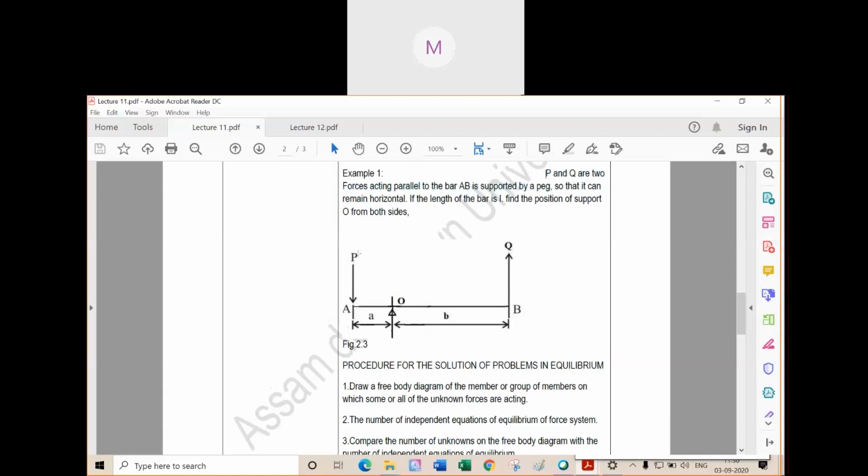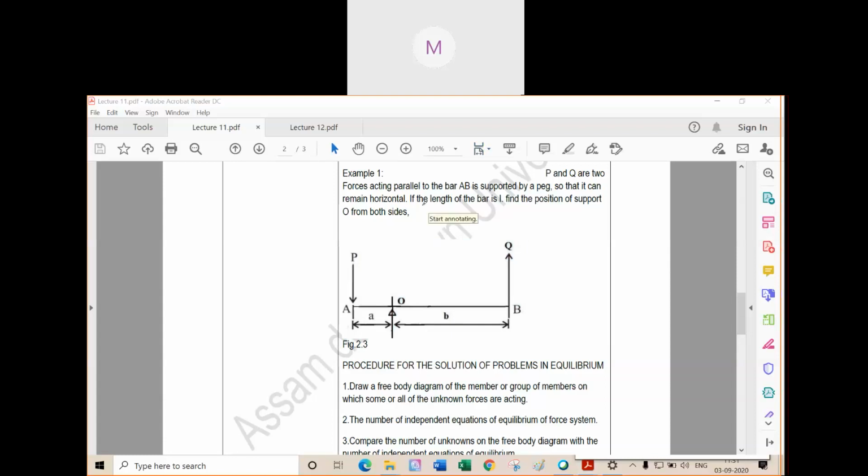If you see P and Q, these are the two forces acting parallel to bar AB. Got it? These two forces are acting parallel to bar AB. And it is supported by this support in the middle, so that the bar is horizontal.